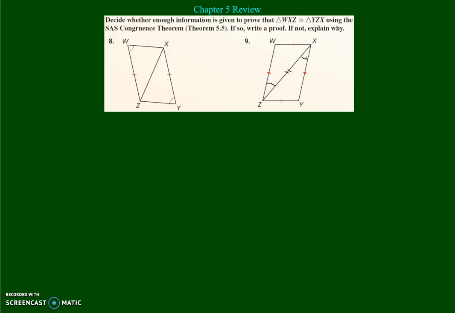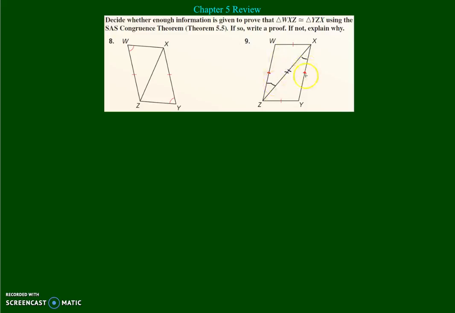Now, it's my unfortunate duty to point out that the author erred in stating that this angle is congruent to this angle by the alternate interior angles theorem. In fact, these lines are not parallel, or they're not shown to be parallel. We can prove that, but not directly. And so we can't state at this moment that this angle is congruent to this angle.